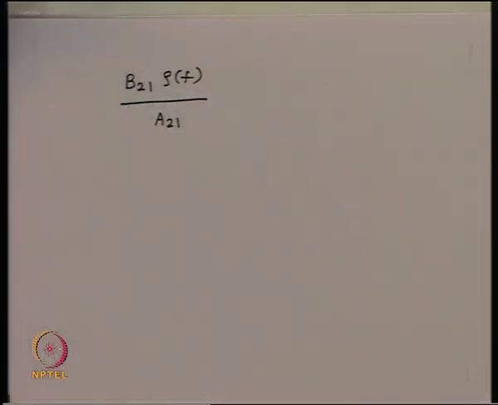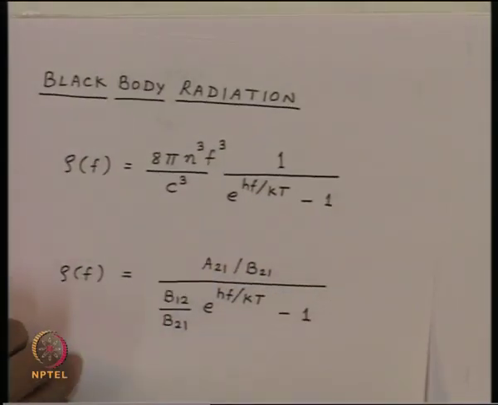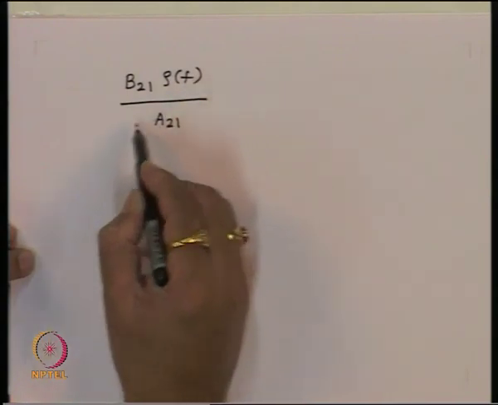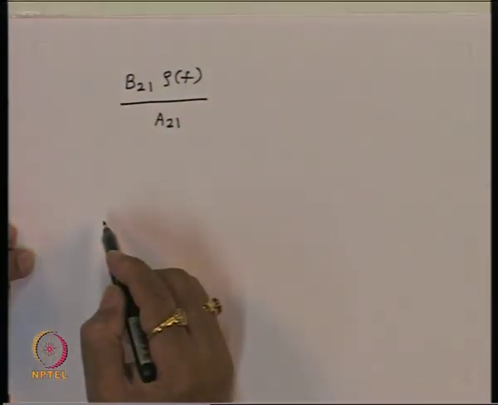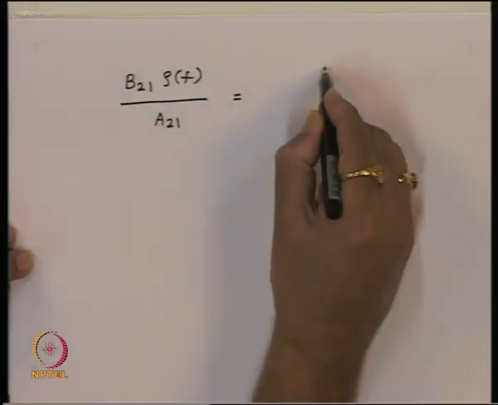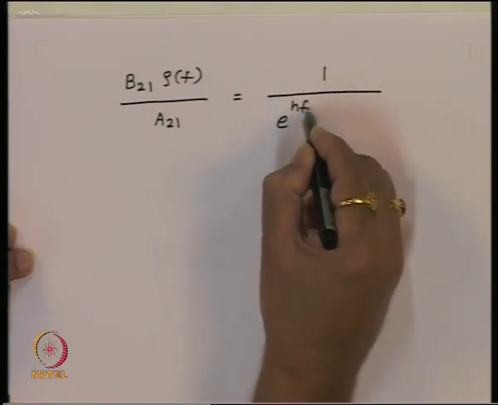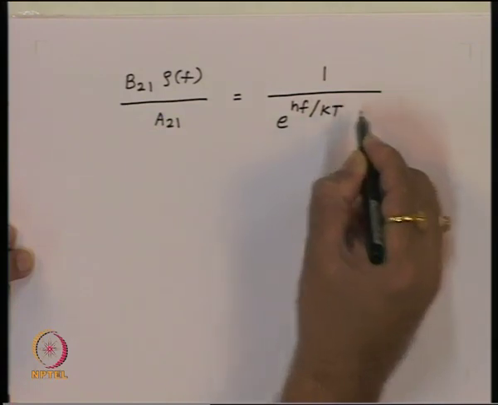So from the expression which you have got here, if you simplify, you will get B21 rho divided by A21. That will be nothing but 1 upon e to the power hf upon kT minus 1.